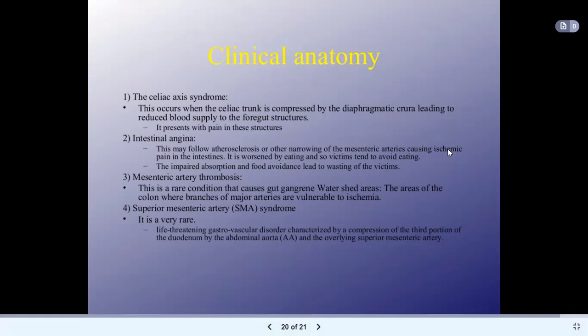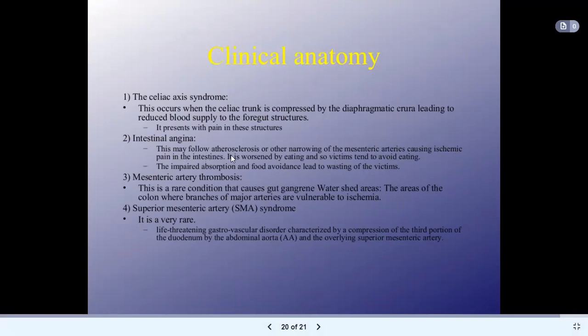The organs supplied by the mesenteric arteries will suffer ischemia, and that ischemia would lead to pain. There'll be pain in the intestines because the mesenteric arteries supply the intestines.